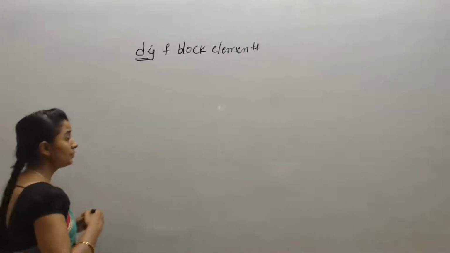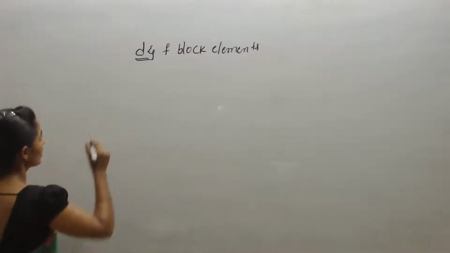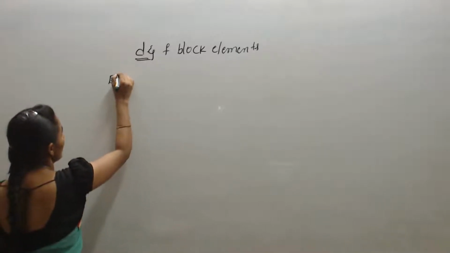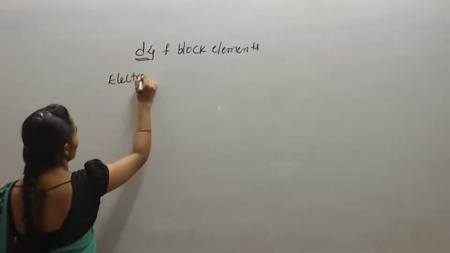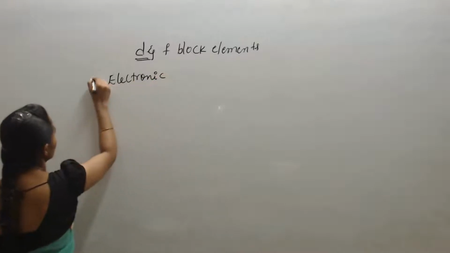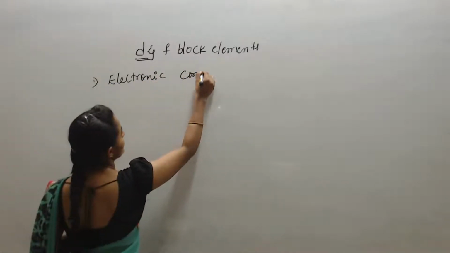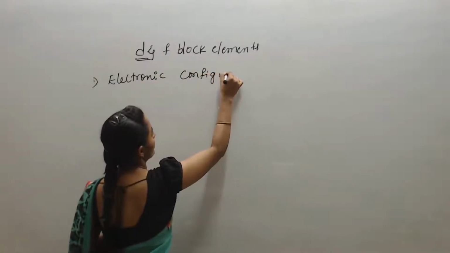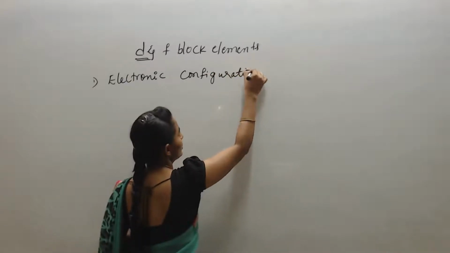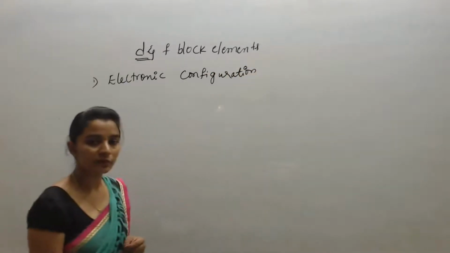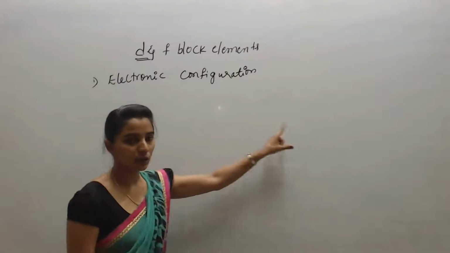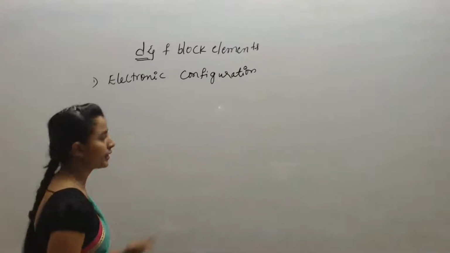Okay, so we are going with the electronic configuration, students. As I told, first properties: electronic configuration. Along the group all the elements show the same type of configuration, so I'll consider only one series, that is the 3d series.